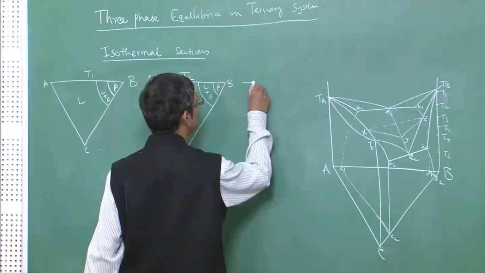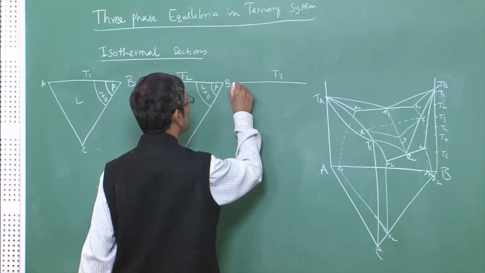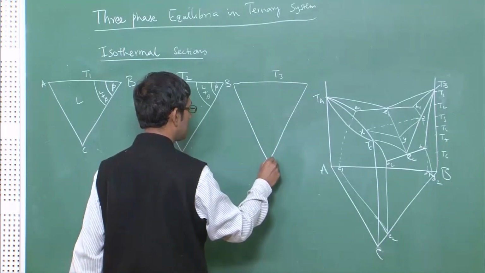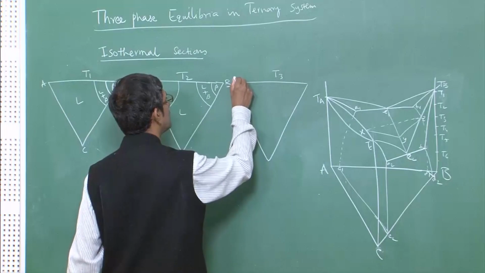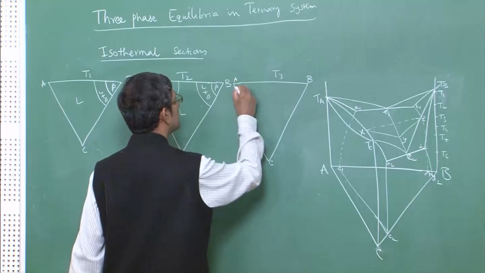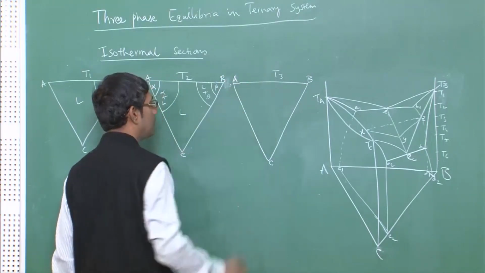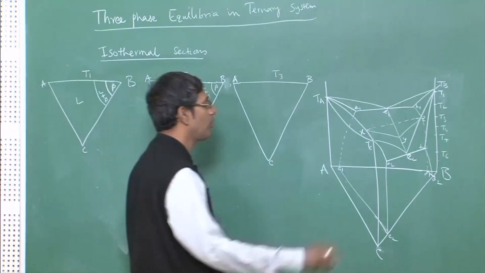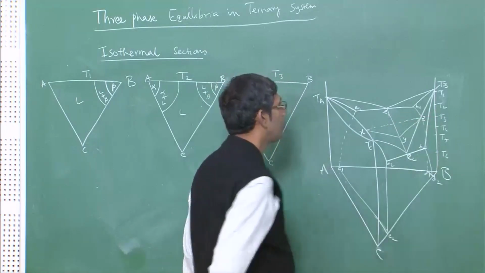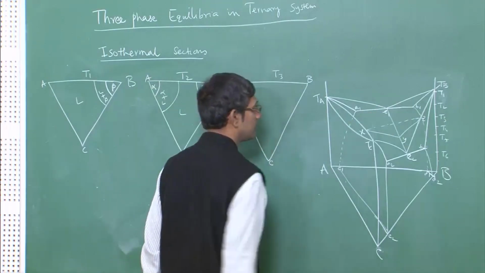So, let me just draw the next one here at T3. At T3, you are not only, you are going to cut even the ternary section, because you can see here T3 is almost below the eutectic point of U1, below the U1 actually.